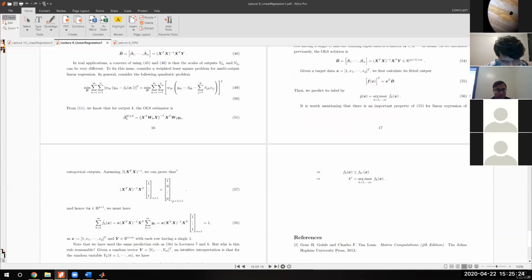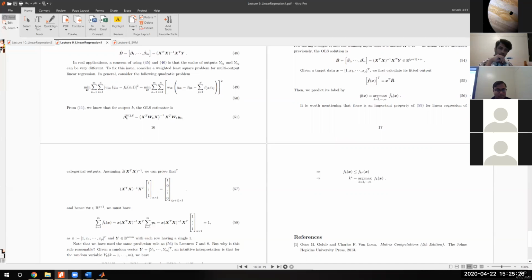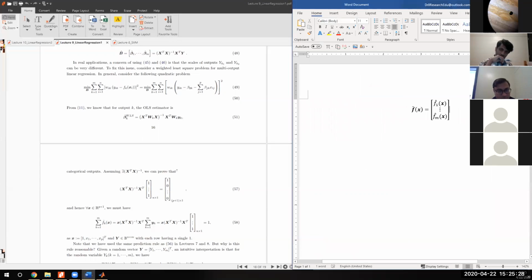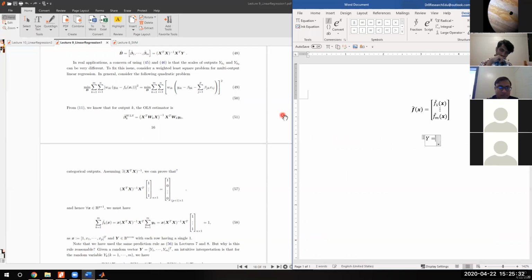Okay, let me write it down a bit more clearly here. My y's are in this way. Matrix Y equals y1 through ym, because I have a total of m categories, okay? What is the dimension of this?